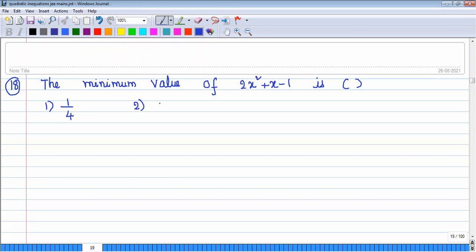Second option 3 upon 2. Third one is negative 9 upon 8. Fourth option is 9 upon 4. What is the answer? Option 3.